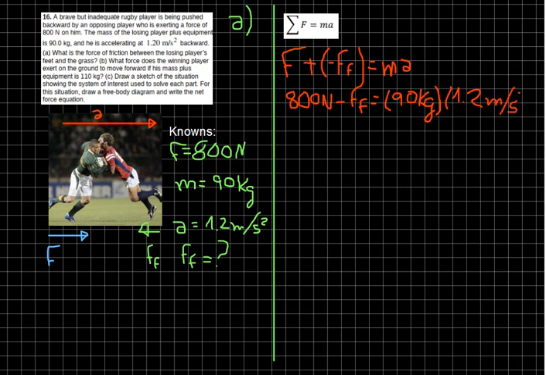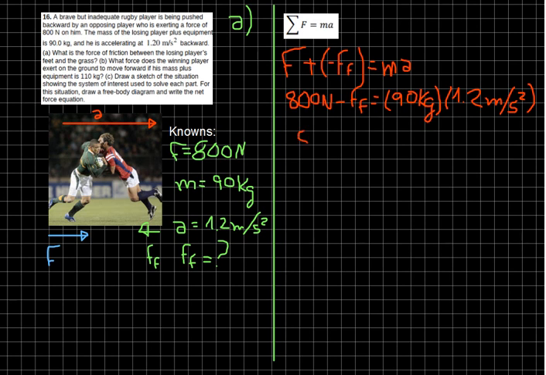Alright, as you can see, our unknown is the force of the friction, which, by the way, is negative. One of the easiest things that we can do is send that unknown, which is negative, to the other side, and then it will be positive.